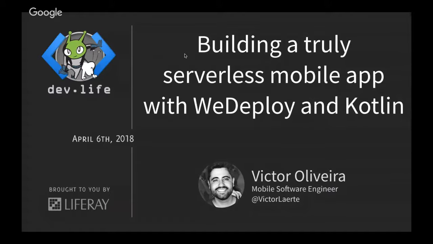So, what is WeDeploy? WeDeploy is a development platform that helps you deploy your apps. So it gives you access to intuitive APIs for backend microservices. So you can create modern apps faster than we usually do.